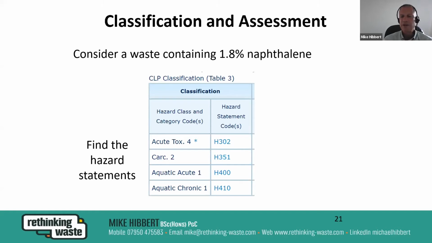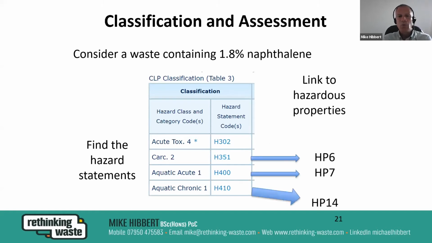We then have a look in table 2.1 in WM3, and that cross-references hazard statements against specific hazardous properties. So for this, HP6 is acute toxicity, HP7 is carcinogenicity, and HP14, that is both H400 and H410, is HP14.